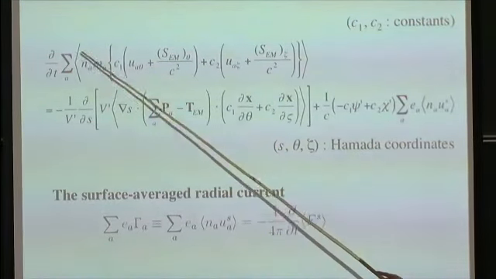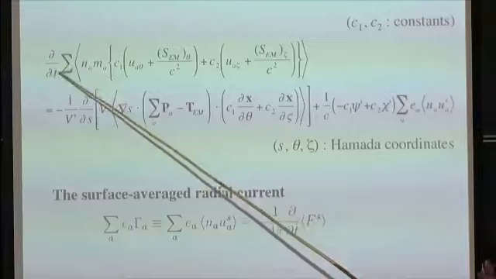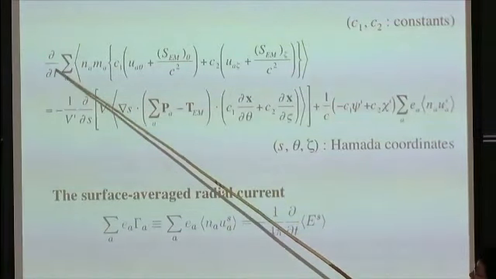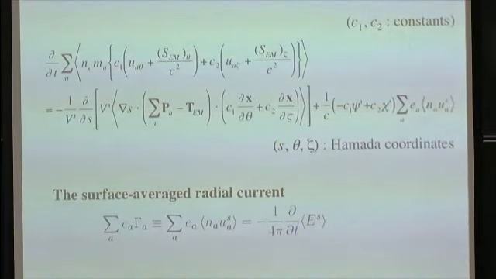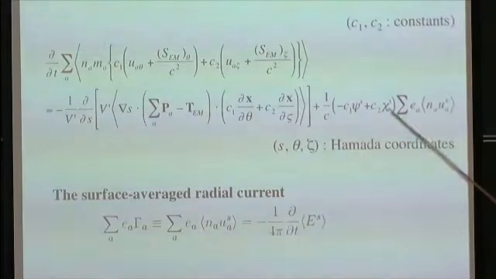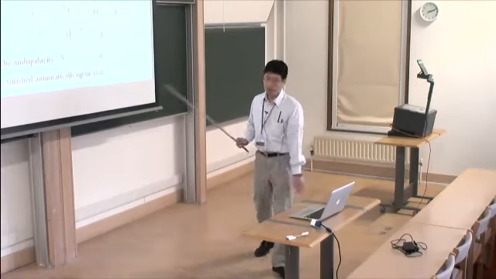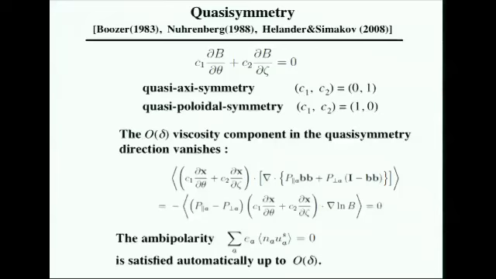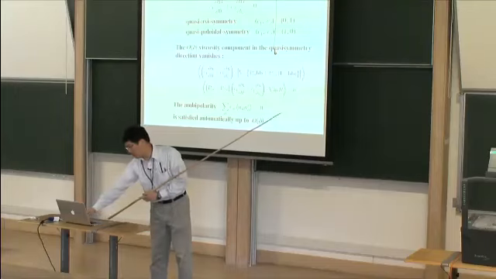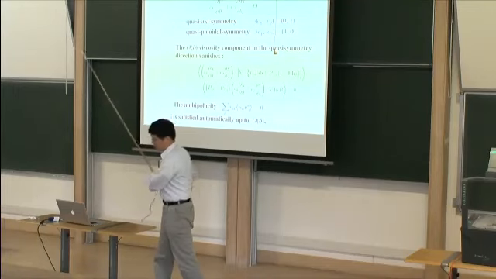Also, if we assume the turbulent transport time scale ordering, this left hand side is third order in delta, so it vanishes up to delta order. That corresponds to intrinsic ambipolarity in this order.